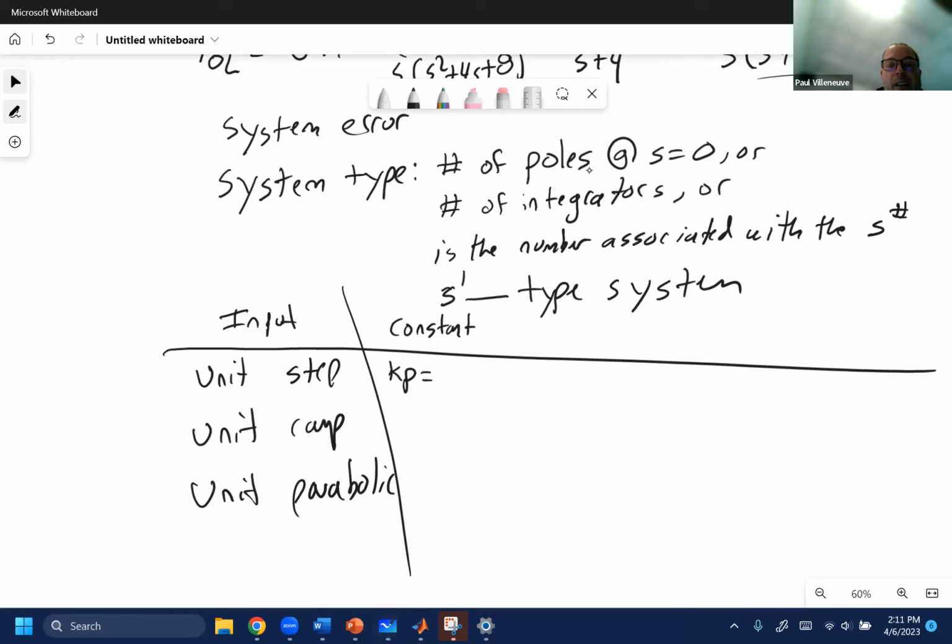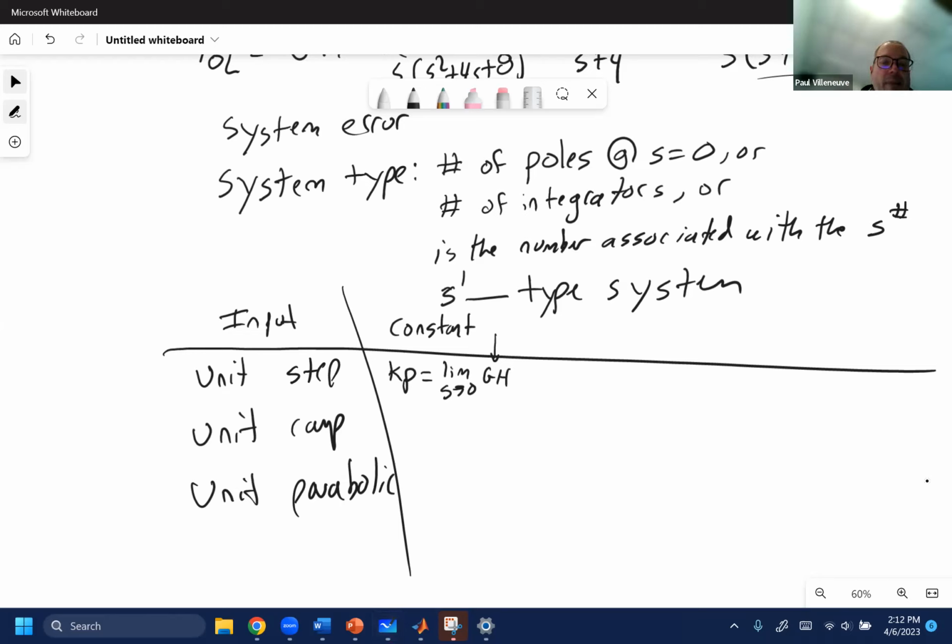So that K sub P is equal to the limit as S approaches 0, G times H. So if you recall, I always had a limit function of G times H, not G over 1 plus GH. It is the open loop transfer function there. So that was going to be equal to my constant. And that's the value that I have here.